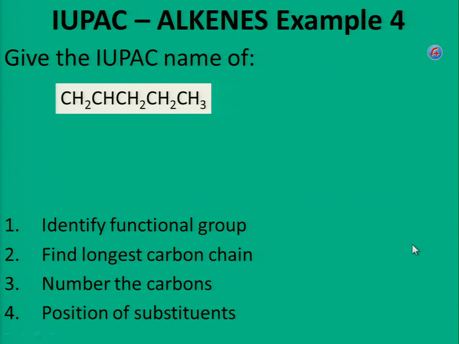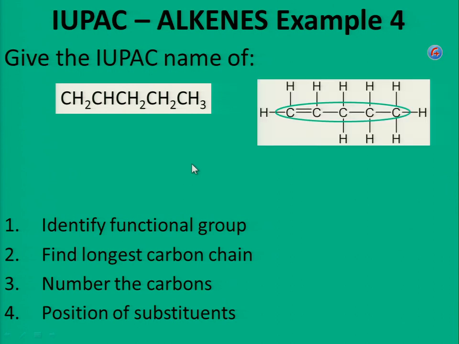Example 4. The IUPAC name of this molecule. Now you have to draw the molecule so that you can see what's going on. There you go. CH2, CH2, CH, CH. There has to be a double bond between these 2 carbons. Why? Because a carbon always forms 4 bonds.